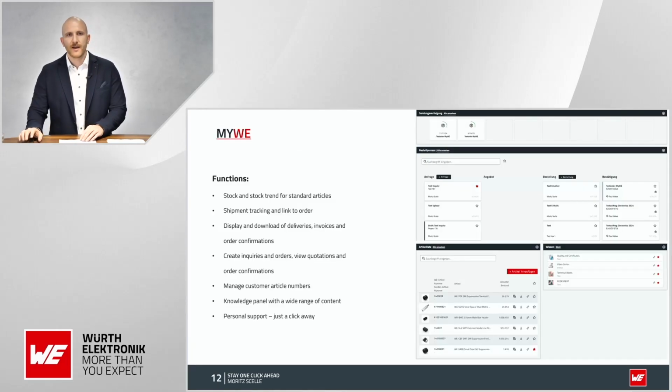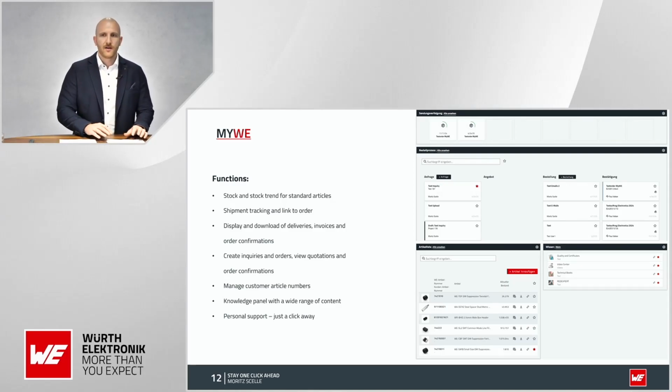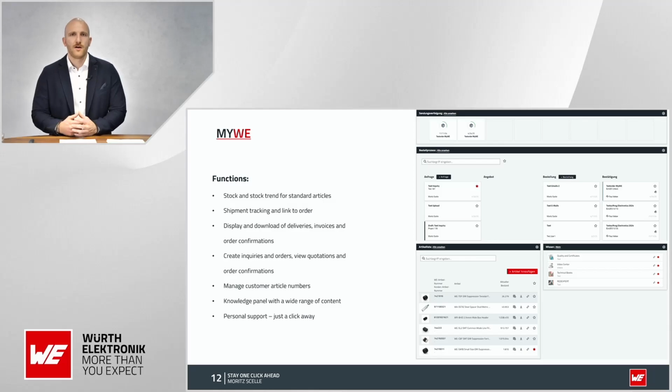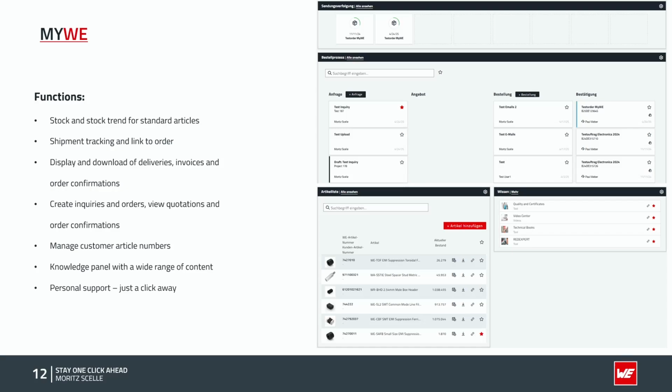The target of MyWE was to provide our customers in one overview a proper overview of what topics are going on with electronics at the moment. So we defined 4 different main functionalities. You can see all of those on the screenshot. Shipment tracking is the one at the top.